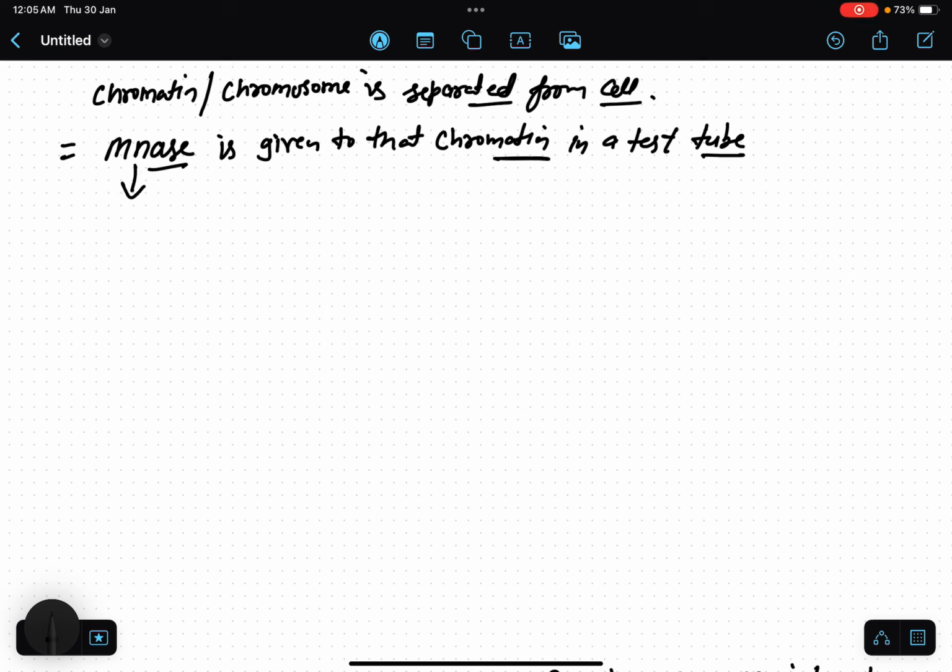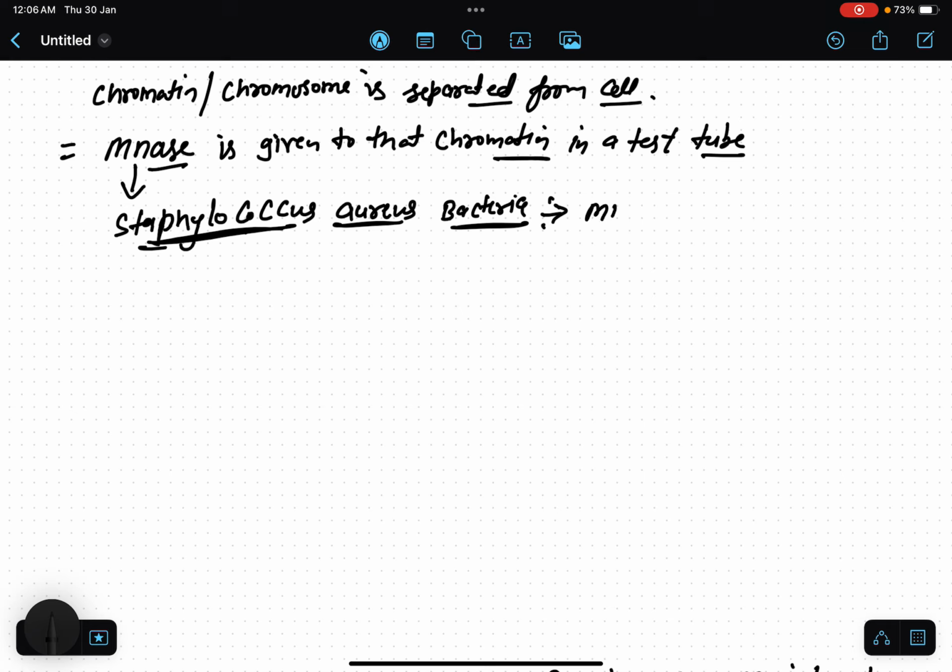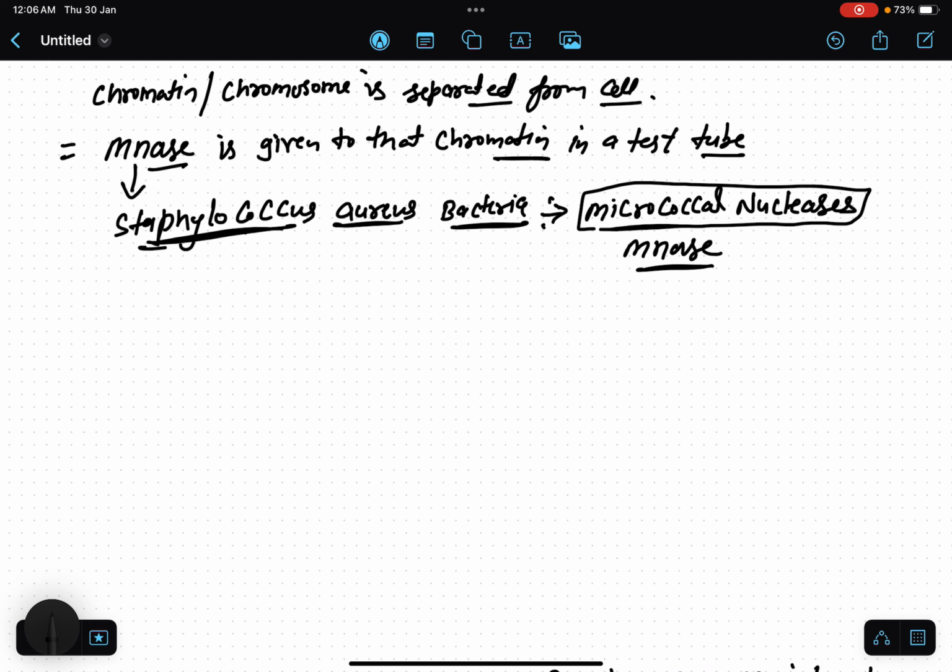This MNase is isolated from the Staphylococcus aureus bacteria and named micrococcal nucleases, shortly known as MNase.